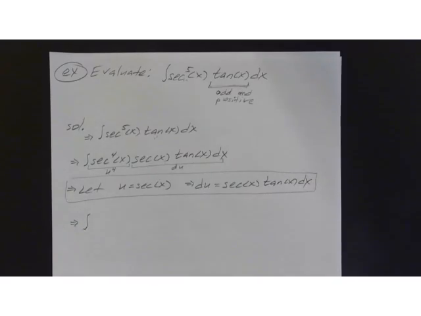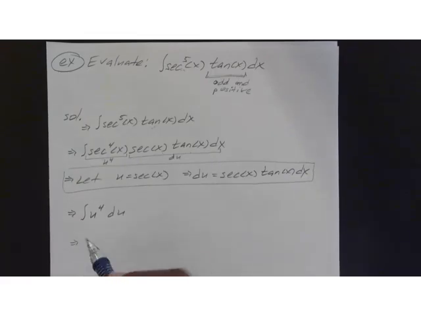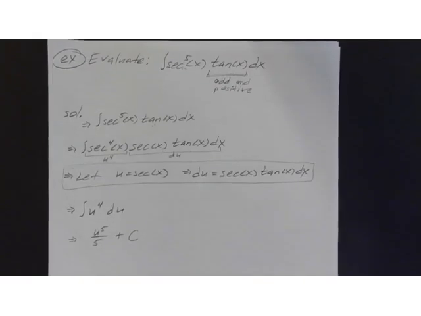So it just becomes the integral of u to the fourth power du. So the integral of u to the fourth power with respect to u is just u to the fifth power over 5 plus c.